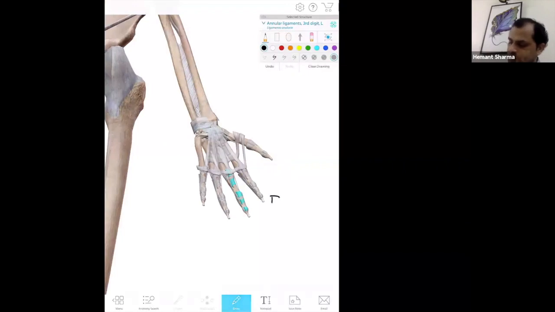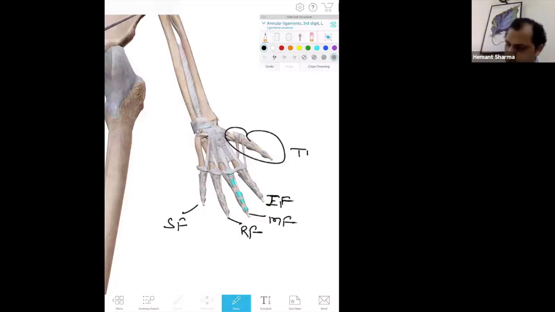Index finger, middle finger, ring finger, small finger. We have 5 fingers, and one is the thumb. So if we hold our hand like this, look at my hand.